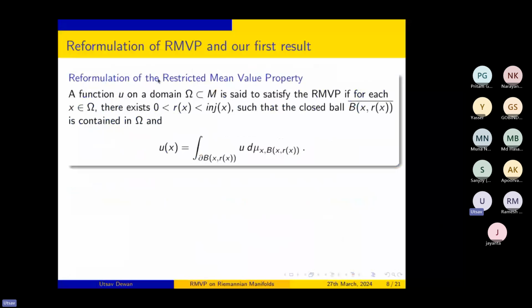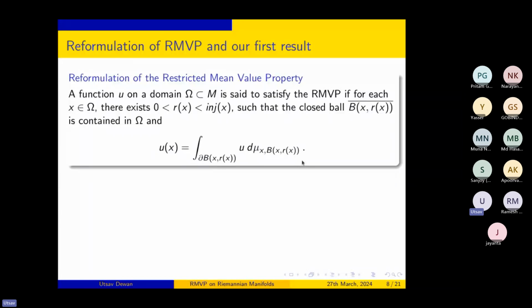Then this leads to the reformulation of the restricted mean value property. A function u on a domain Ω in M is said to satisfy the RMVP if for each x in Ω, you have a radius R_x, which is smaller than the injectivity radius at x, such that the closed ball B(x, R_x) closure is contained in Ω, and you have this spherical mean value property.